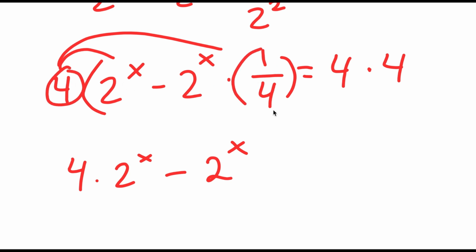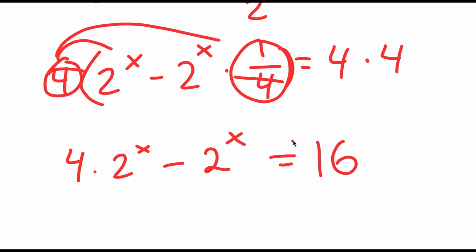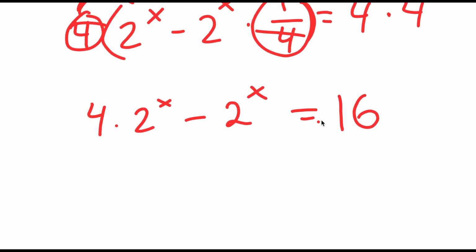Well, 4 times 1 over 4, these two are reciprocals of each other, so they simply cancel out. So I'm just left with 2 to the power of x over here. And this is equal to 4 times 4, which is 16. So I have 4 times 2 to the power of x minus 2 to the power of x is equal to 16.